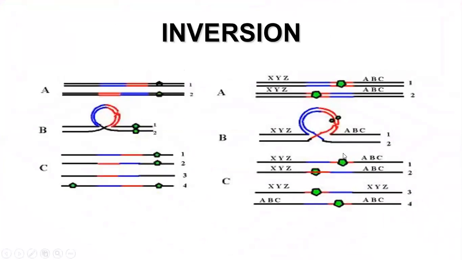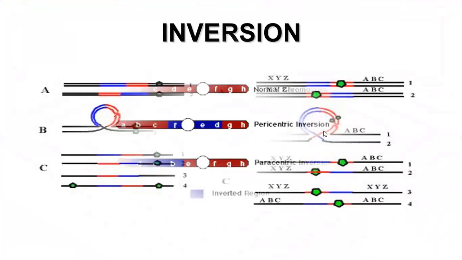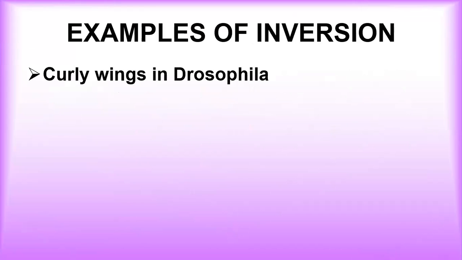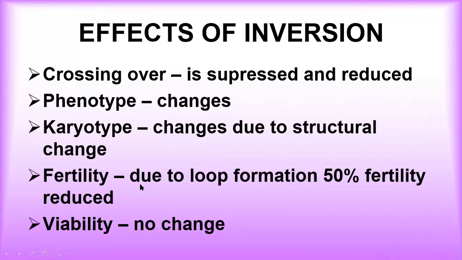Loop formation means this. When the chromosome is getting inverted, you get formation of this loop-like structure. Because of this, meiosis is affected, and hence fertility, or the ability of an individual to produce gametes, is reduced.